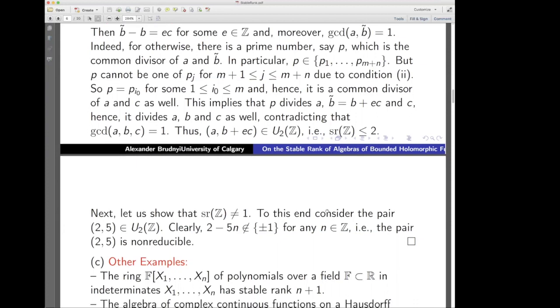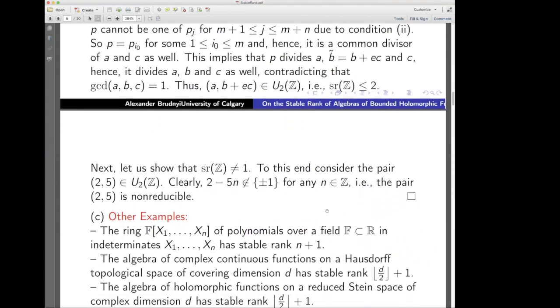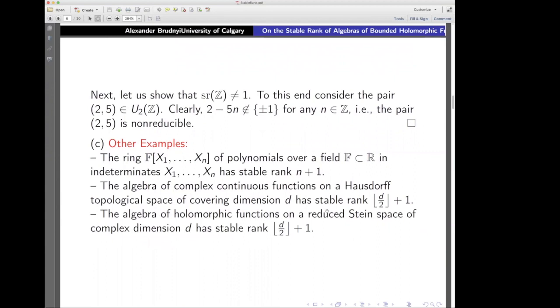So consider other examples, which I just briefly mention. For instance, the ring of polynomials in n variables over a real field, a subset of real numbers, has stable rank n plus 1. The algebra of complex continuous functions on a Hausdorff topological space of covering dimension d has stable rank the integer part of d over 2 plus 1.